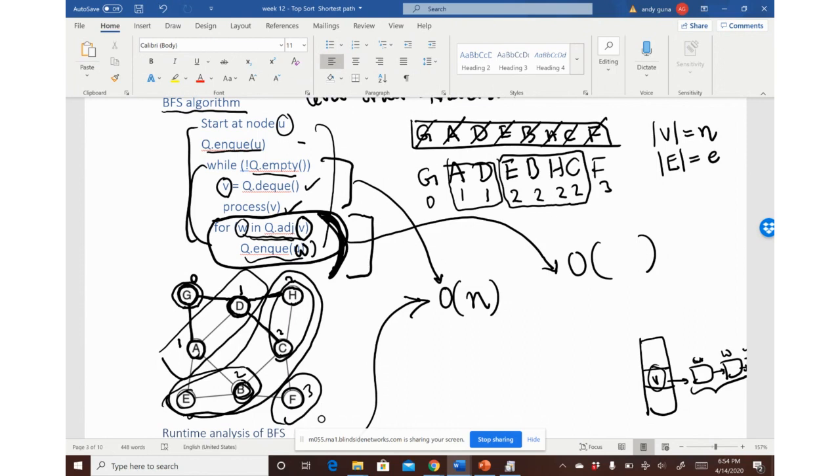Another way to think about this is out degree, and I like the out degree. So out degree of V is what it is, okay?